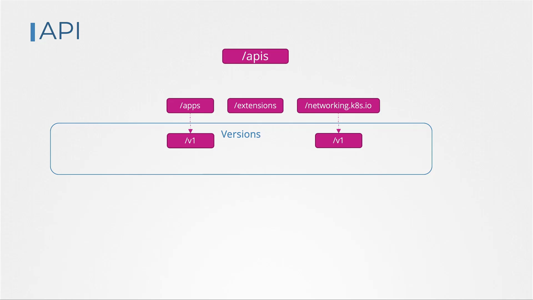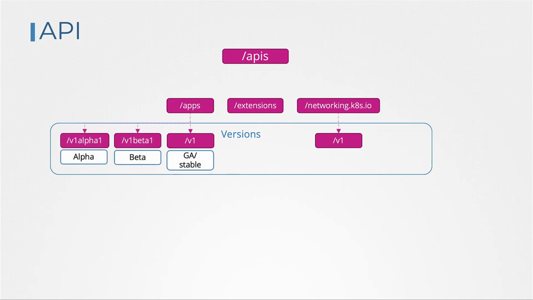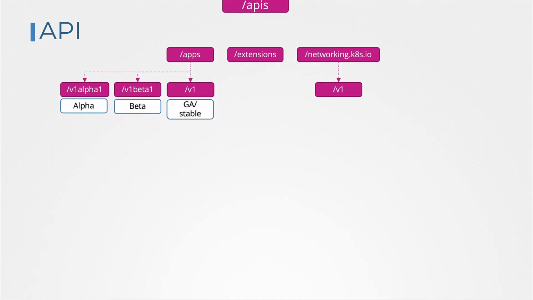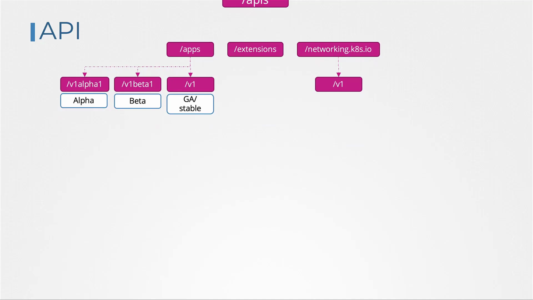When an API group is at v1, that means it is a GA stable version, generally available stable version. The API group may have other versions such as beta or alpha, as v1beta1 or v1alpha1 respectively. So what are these different versions? What does each of these versions mean?